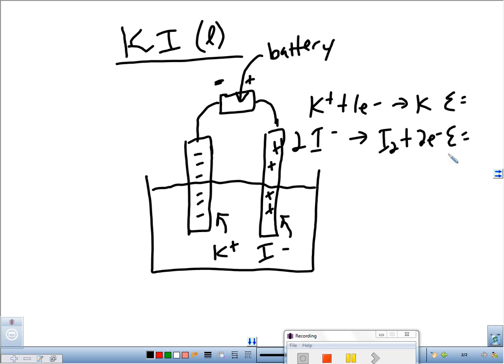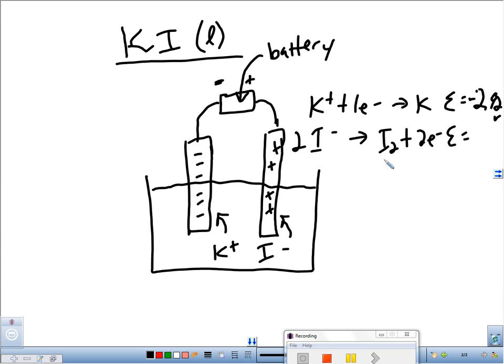Let's figure this out. If I look on my green sheet, what is the reduction potential of potassium, because it's gaining an electron here on top? Negative 2.92 volts. How about iodine? 0.53.